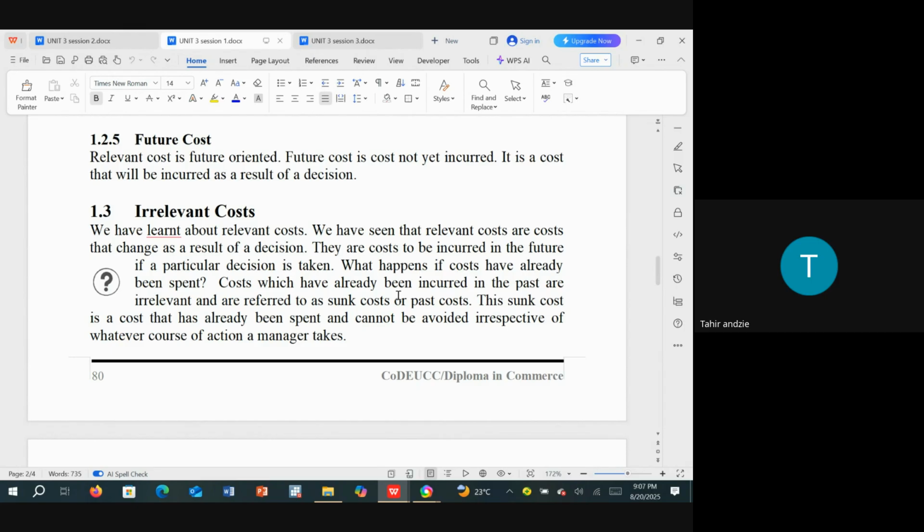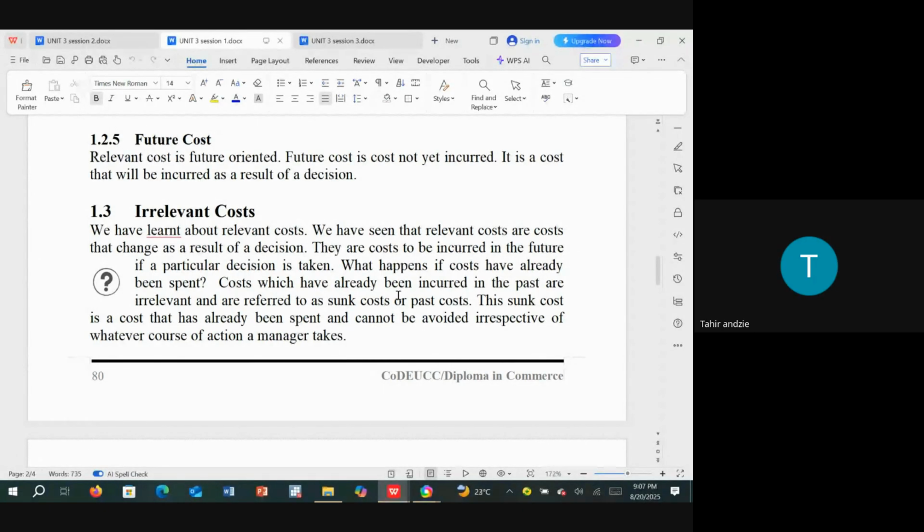You have paid him when you got there and he's gone. Now, there at the STC station, you got a call that the trip to Accra is no longer going to come on. Is the fare you paid the taxi driver to the station relevant or irrelevant? Sir, it's irrelevant. Why? Because the trip did not come on.